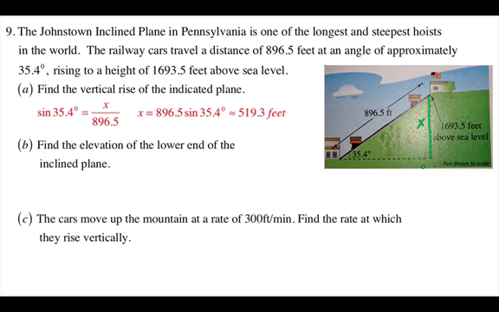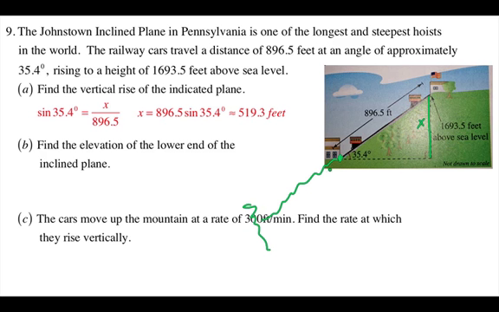Part B says find the elevation of the lower end of the inclined plane. So this is the lower end. And so this somehow continues. And somewhere down here, we have sea level. So you're trying to find the distance from sea level to this portion, the lower end of the inclined plane.